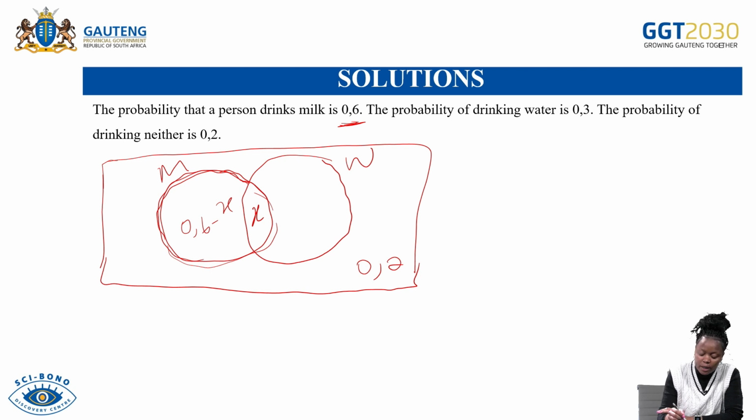Okay, and then the probability of getting a person who's drinking water is 0.3. So again, you need to say 0.3 minus the X, right? Okay, and then the probability of drinking neither is 0.2. Then we are done with our Venn diagram. So if your Venn diagram looks like this, you must give yourself a mark, and a mark.